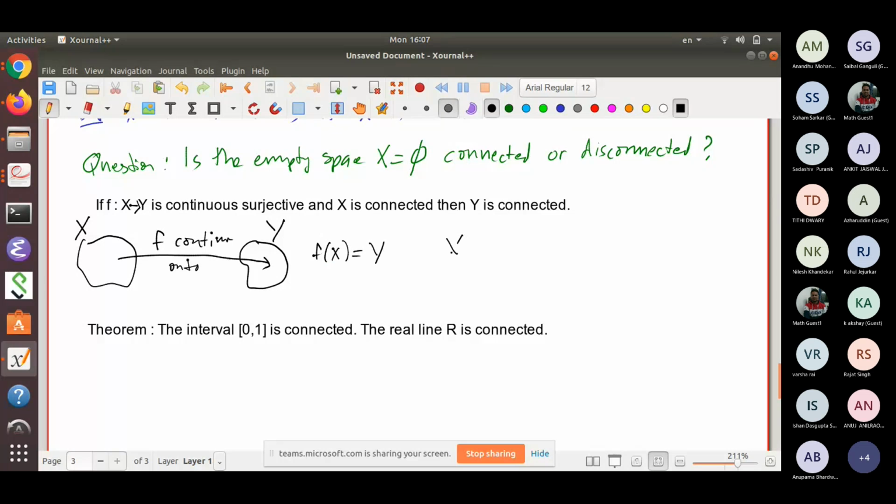Then I'm saying that X connected implies Y is connected. This amounts to saying the contrapositive, which is Y is disconnected must imply that X is disconnected.